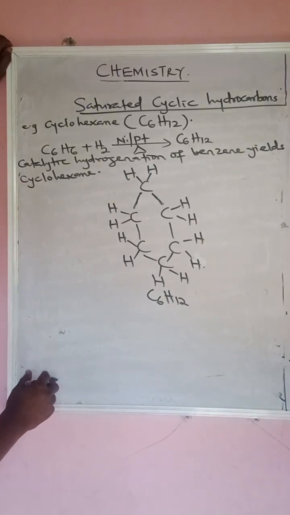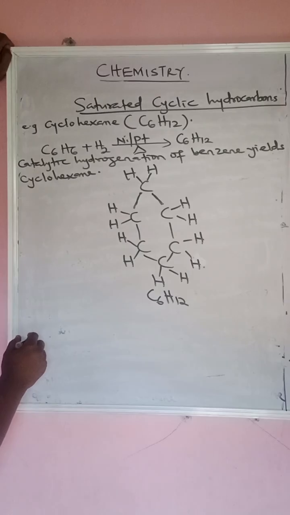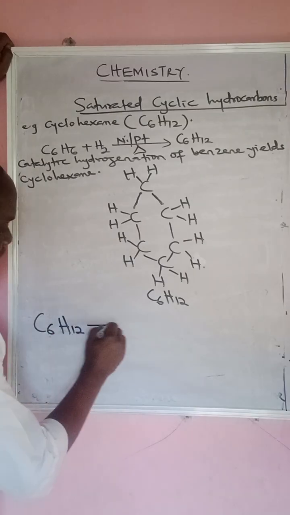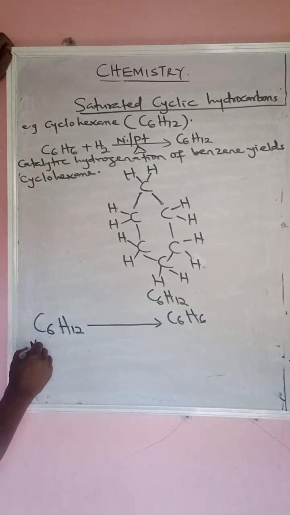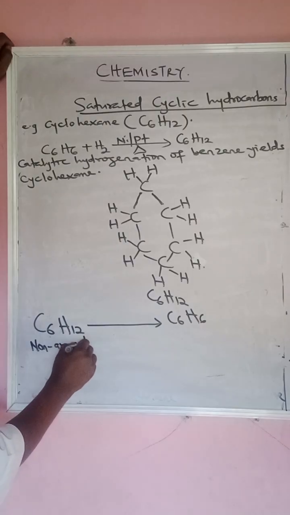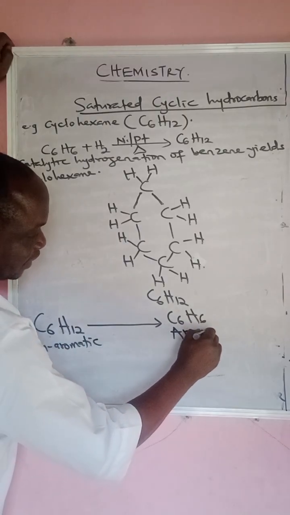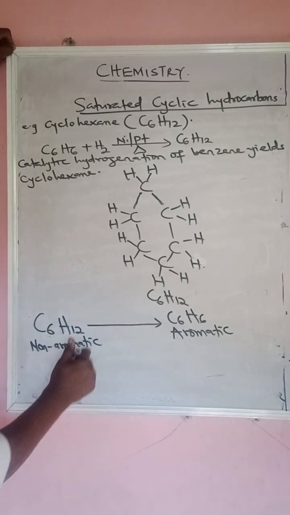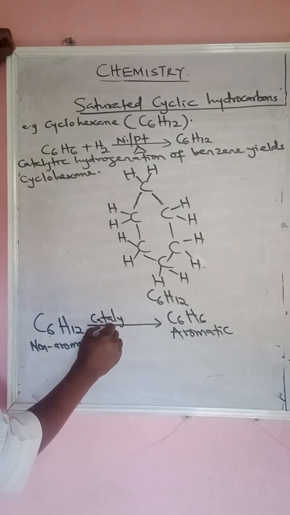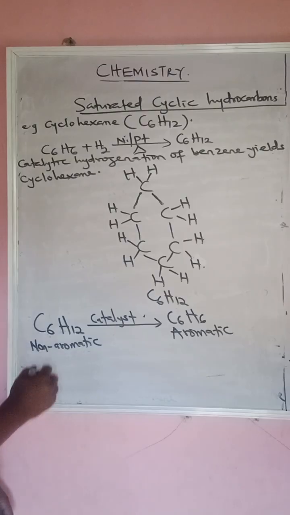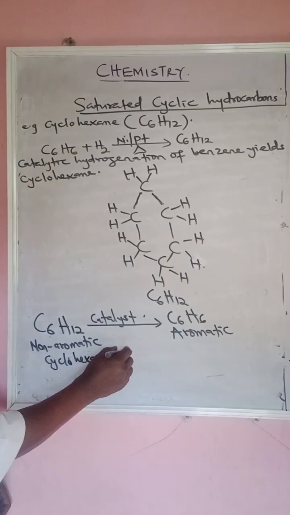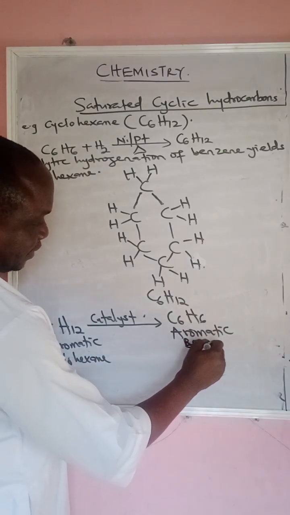Now, if C6H12 is converted to benzene, meaning from non-aromatic to aromatic, using catalyst, the conversion of a non-aromatic compound, e.g., cyclohexane, to benzene, you are converting it back.